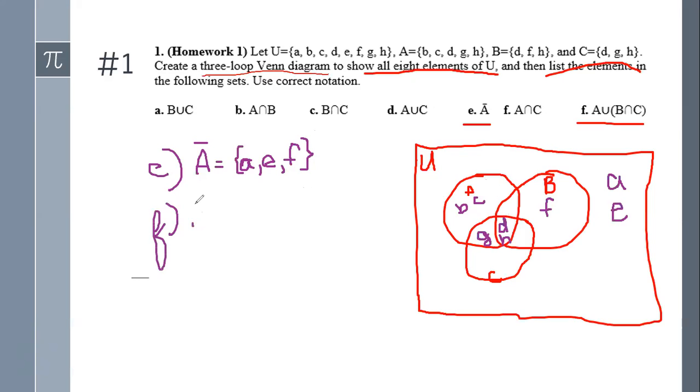And that is A union the disjoint of B and C. If you remember, disjoint means that it is what's in common between B and C. So it looks like the only letters in common are D and H. And union is what all encompasses the 2.